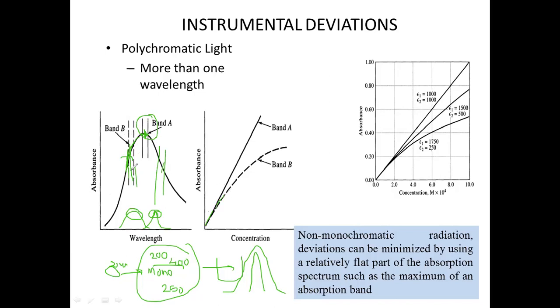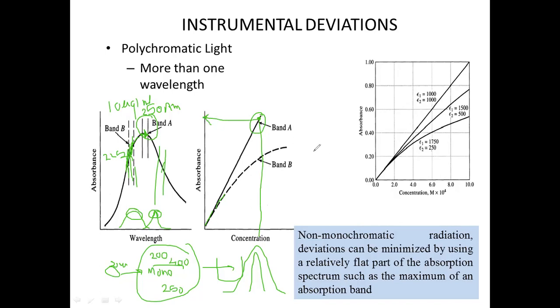So for the same drug, say my concentration is 10 microgram per ml, and if I choose 250 nanometer as the wavelength of measurement, I am going to get this line. But if I choose something out here, say 225 nanometer, we are going to have a deviation from the Beer-Lambert law. So although the concentration is 10 microgram per ml, we are getting different absorbance values.